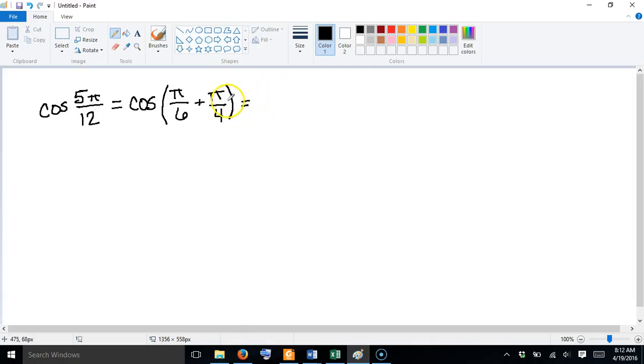Okay, so now that we have our angle broken down into two measurements that we do know exact values of, the cosine sum identity states this right here.